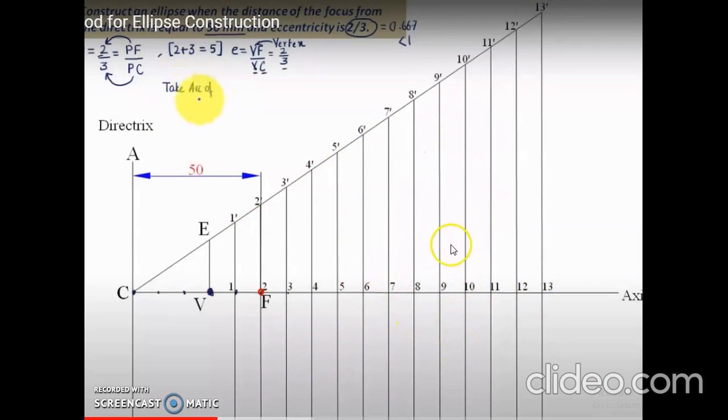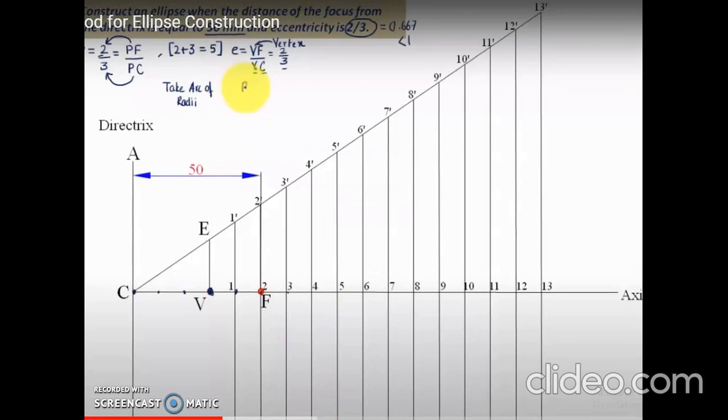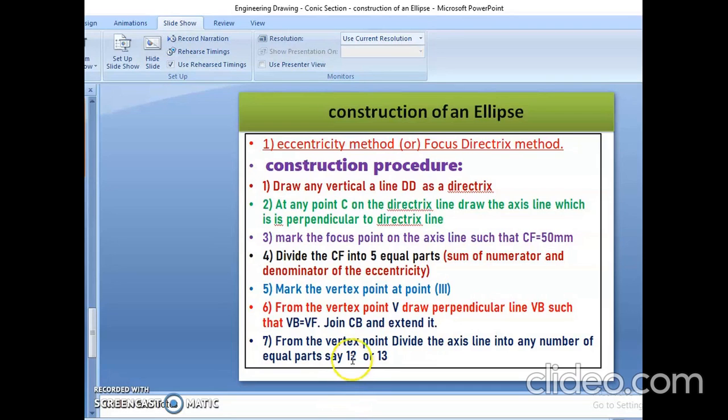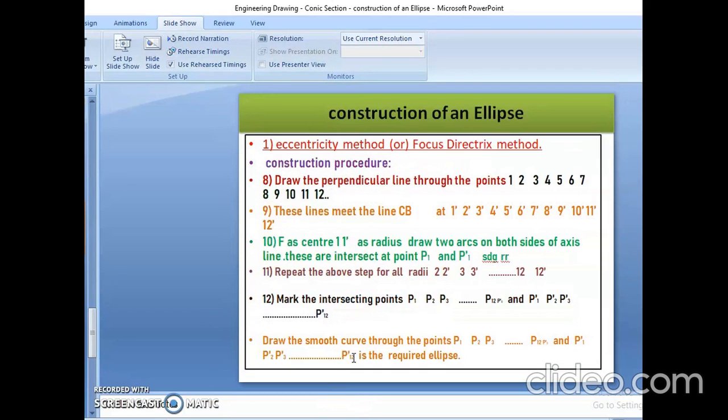Next, the eighth point: draw the perpendicular line through the points 1, 2, 3, 4 and so on up to 12. That is completed. These lines meet the CB line at 1 dash, 2 dash, 3 dash and so on up to 12 dash. This is also completed.